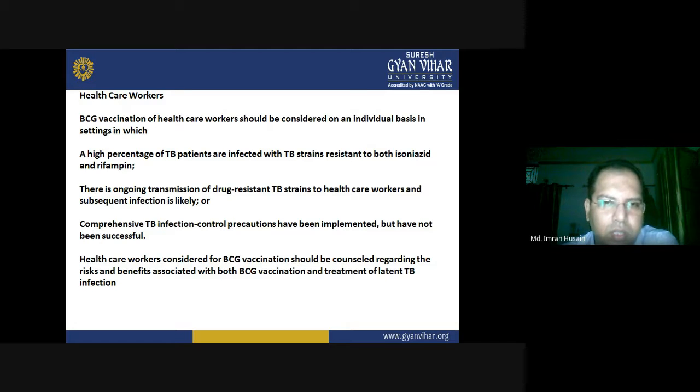There is ongoing transmission of drug-resistant TB strains to healthcare workers, and subsequent infection is likely. Comprehensive TB infection control precautions have been implemented but have not been successful. Healthcare workers considered for BCG vaccination should be counseled regarding the risks and benefits associated with both BCG vaccination and treatment of latent infection.